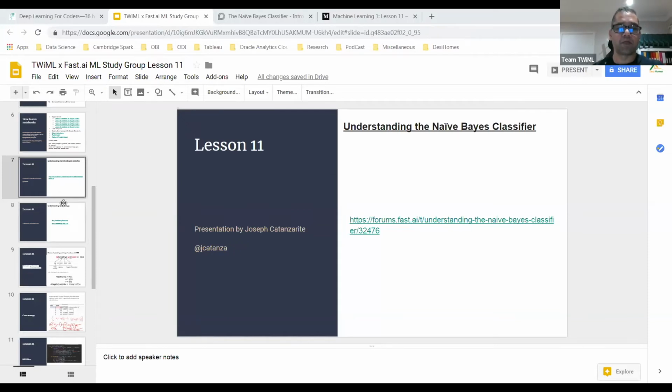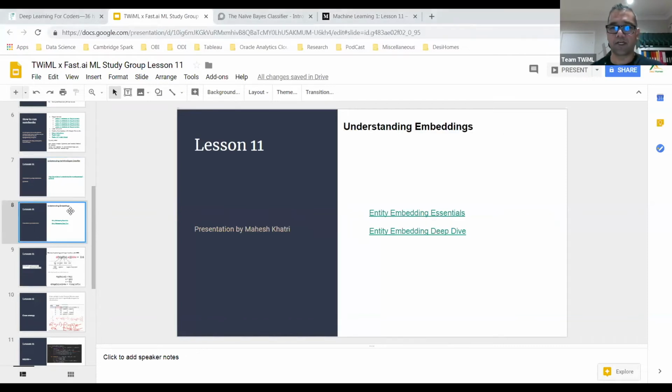Now, from naive Bayes to embeddings, I think one of the topics discussed in this lesson 11 was embeddings. We have a group member, Mahesh Khatri, who has done some presentations before in a DL group.